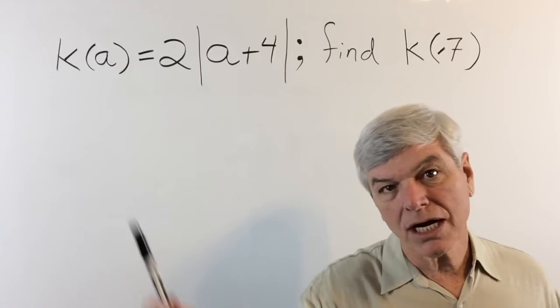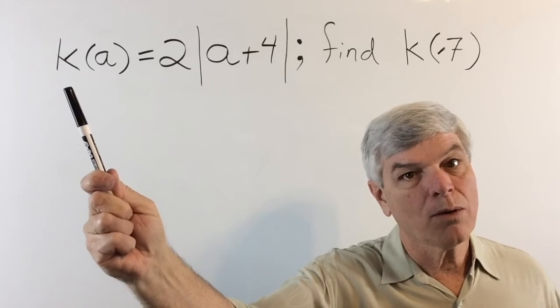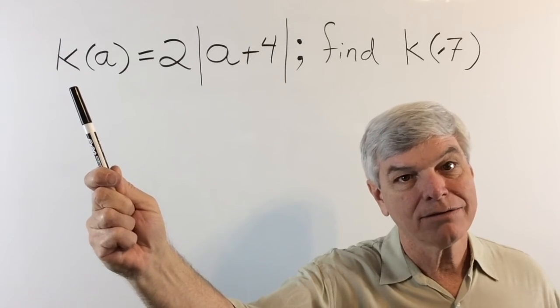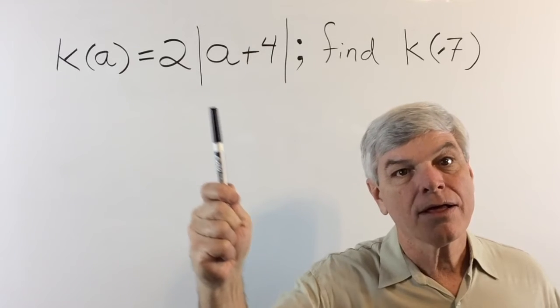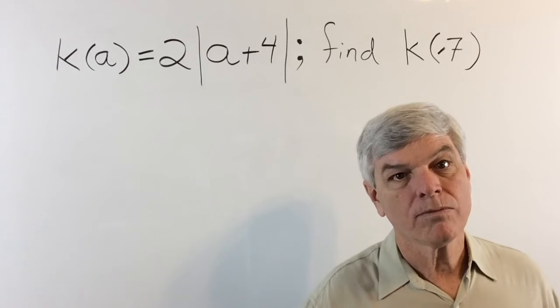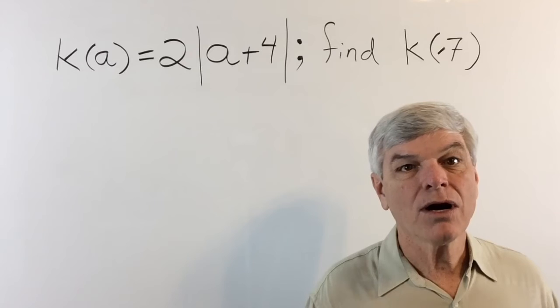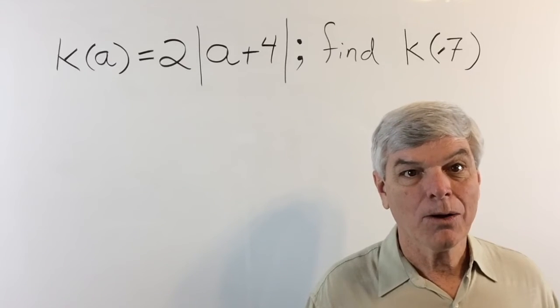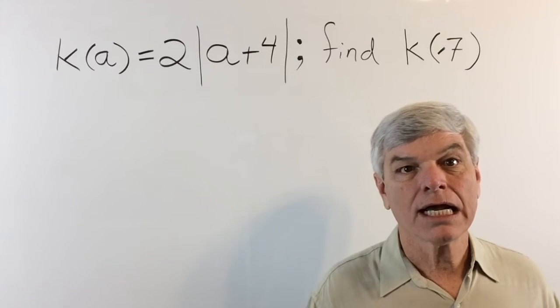So the function of a, when we have the function k, equals 2 times the absolute value of a plus 4. When that is the case, find the value of the function when a is negative 7 in the function k.